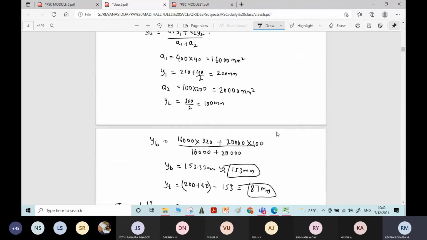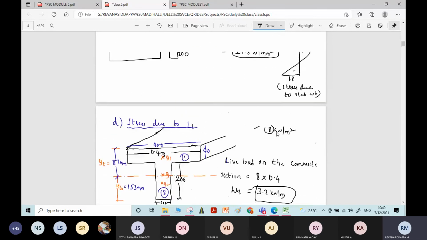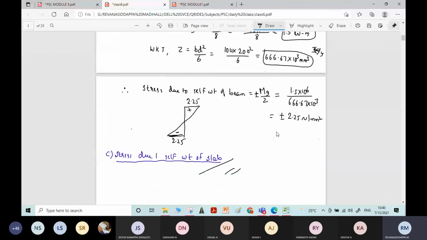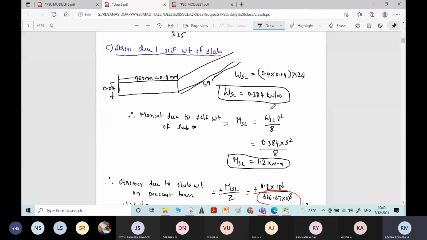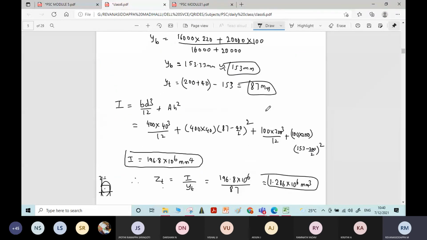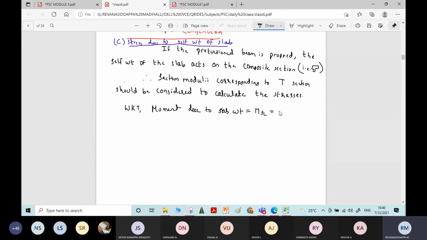How much is the value there? It is 0.384 kilonewton per meter is the intensity of load. Moment is 1.2 kilonewton meter. MSL is equal to 1.2 kilonewton meter, which is equal to 1.2 into 10 power 6 Newton millimeter.